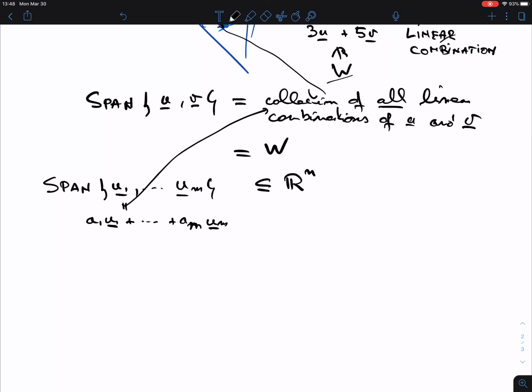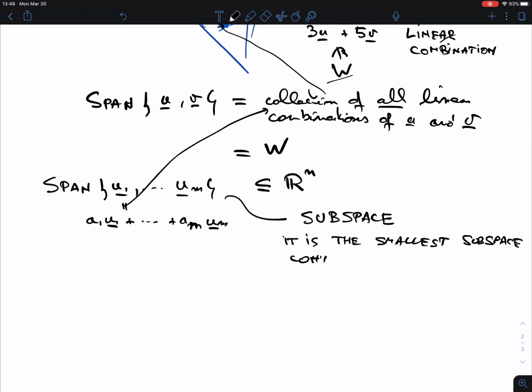And the claim is this is always a subspace. In fact, it is the smallest subspace containing the original vectors, containing u1 up to um. That's why it's called span. They are spanned by u1 to um.